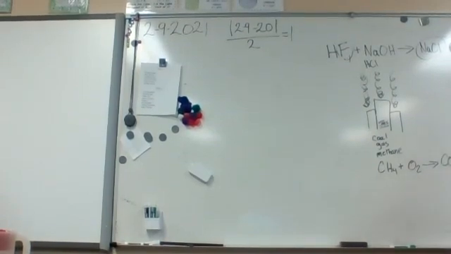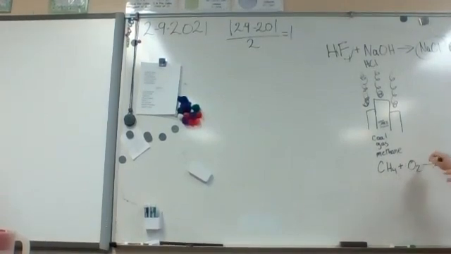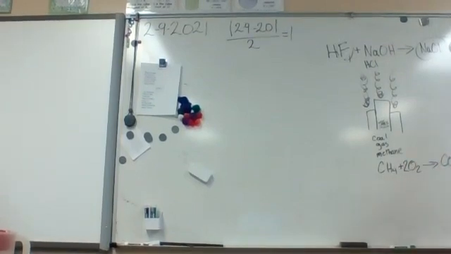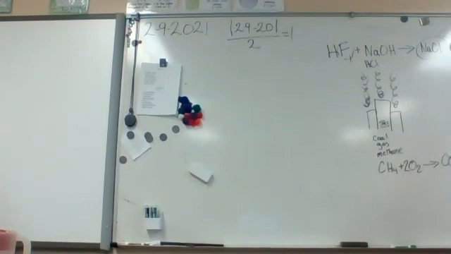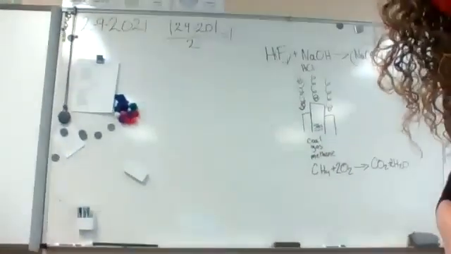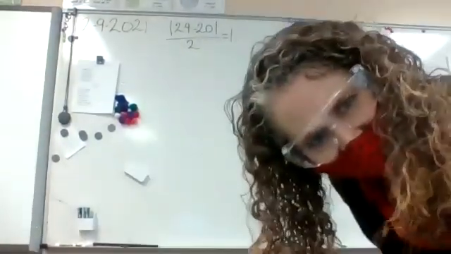Wait, but it's not balanced. You need 3 O2. There, balanced. Okay, we balanced it. They can't see the balancing at home. Sorry, people. I try so hard. Mrs. Barlow tries hard.